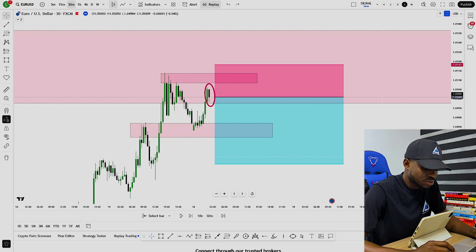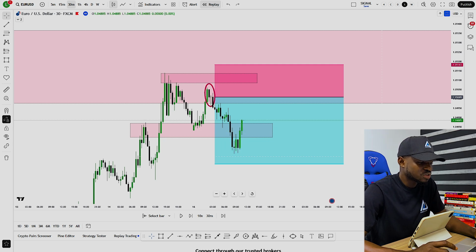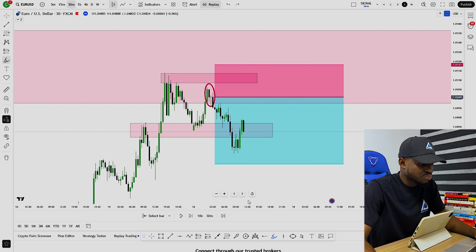Let's play the candlestick right now. As a result of the formation of this dark cloud that represents sellers in the market, the price action is already at our take profit zone. So we're expecting the price action to push down to our take profit zone. Remember, price can't just sell down to the take profit zone.